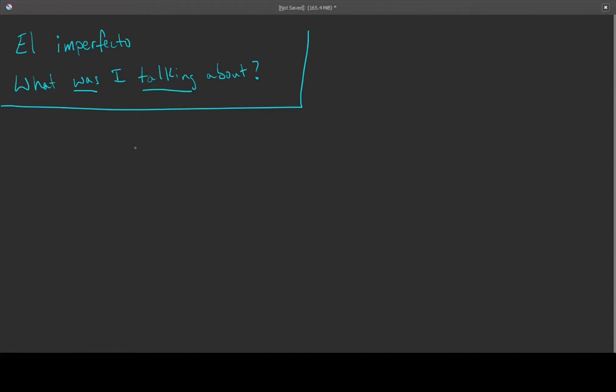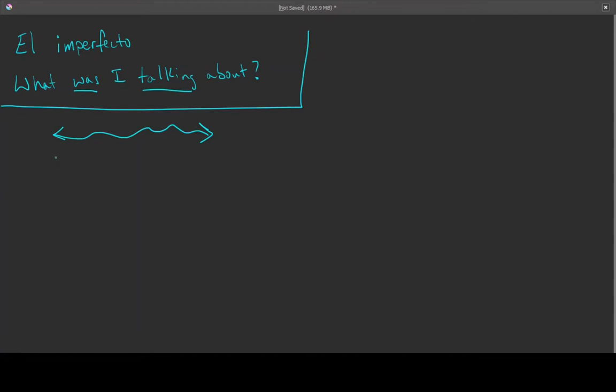All right, so just like the preterit tense when we learned that one in that video, we had some visual symbols that went with that one, and we're going to have a couple visual symbols that go along with the imperfect tense as well. So the first visual symbol that I want to talk about is going to be this wavy timeline with arrows pointing off in both directions.